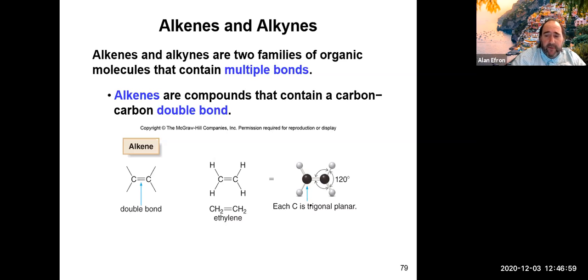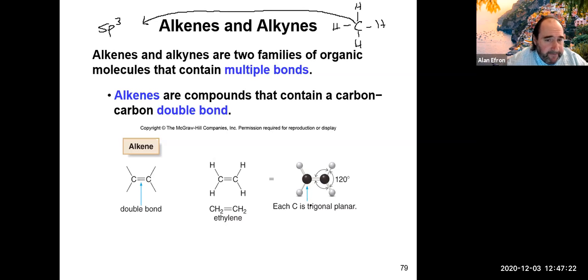One thing that we should remember as well is, for example, if we look at an alkane, just to make sure, since we're tying into other things, if we wanted to know the hybridization of that carbon, this carbon would be sp3 hybridized, right?